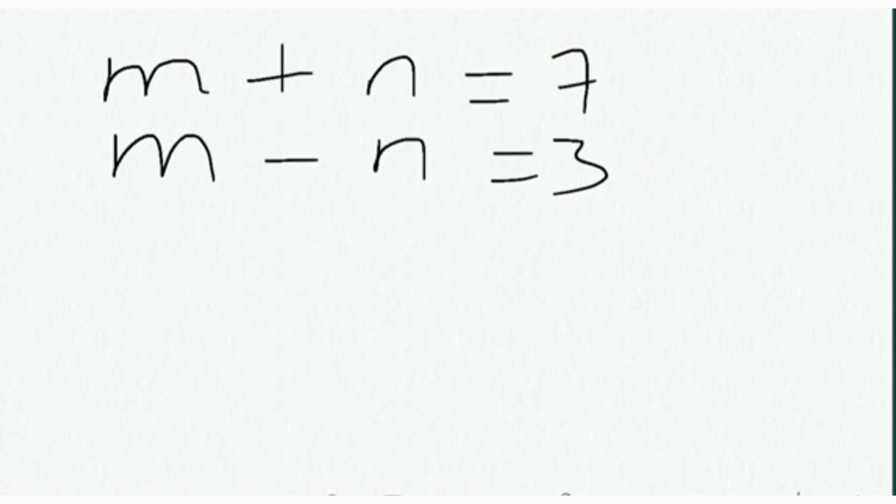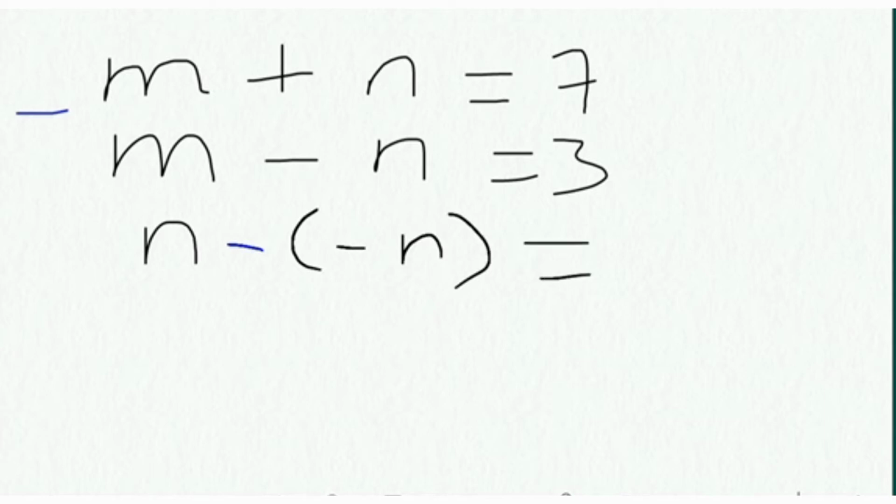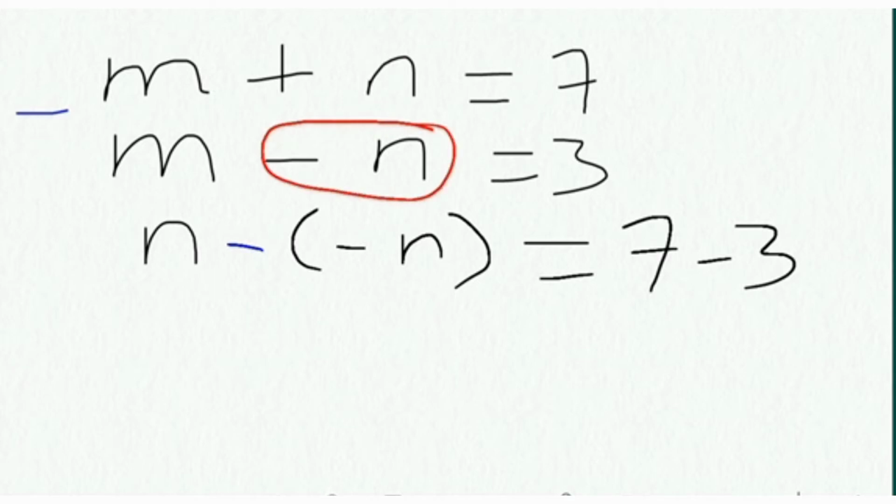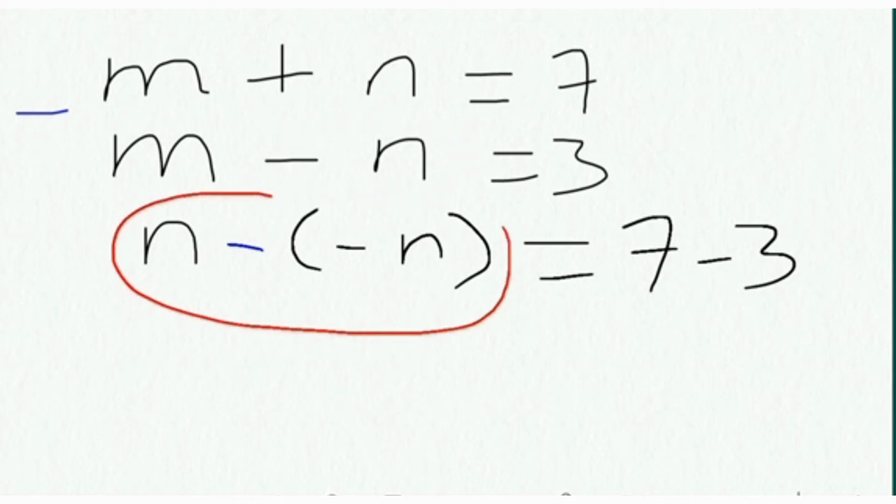Alright, let's do that. n minus negative n is equal to 7 minus 3. n minus negative n is this one here.